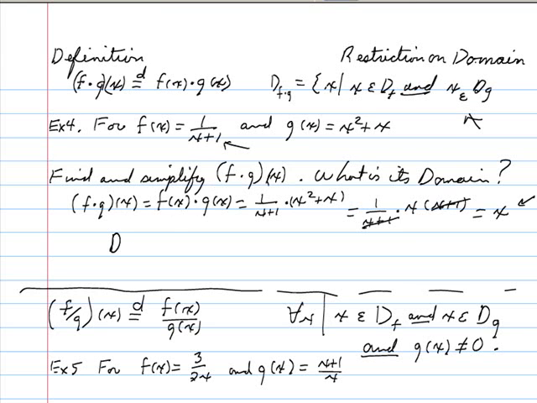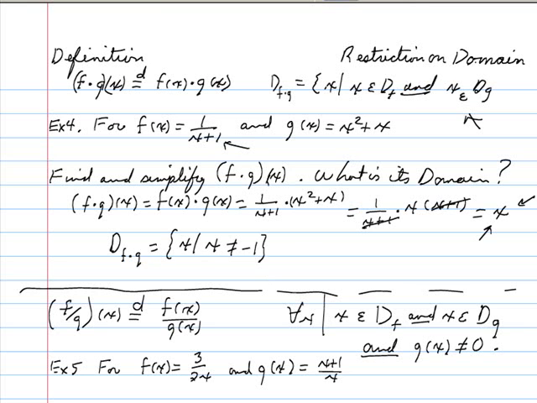So we would say the domain of f times g is the set of all x such that x is not equal to -1. That doesn't show up after the product is formed and simplified. You have to look at the functions before you combine them to know that -1 will not be in the domain of the product function.